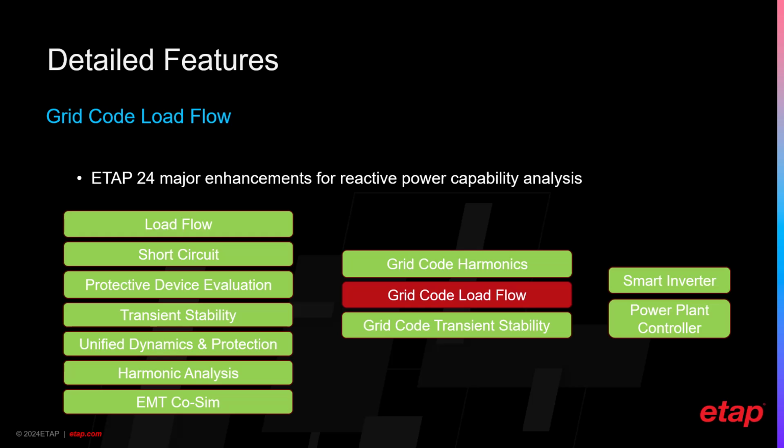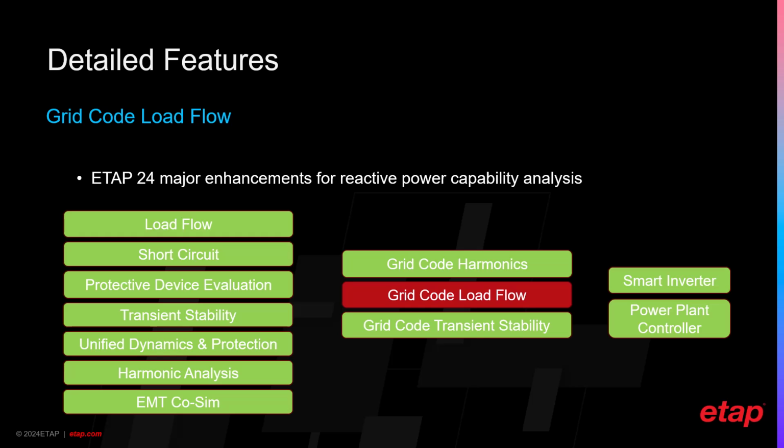In addition, ETAP offers three dedicated modules for grid code analysis: grid code harmonics, grid code load flow, and grid code transient stability. Also, we have smart inverter elements that handle all required smart inverter functionalities required in the different standards, especially IEEE 1547.